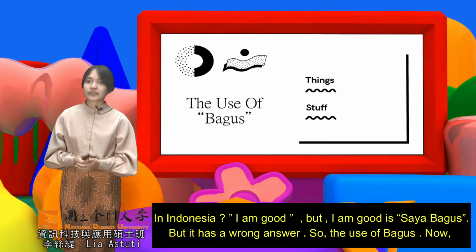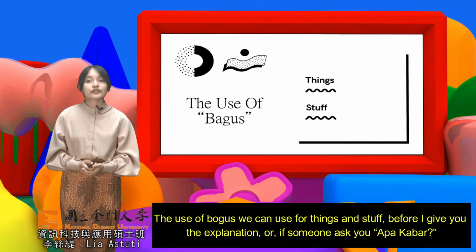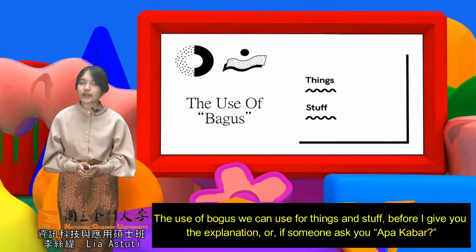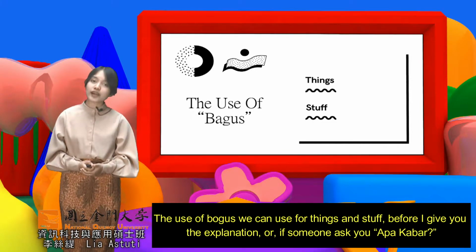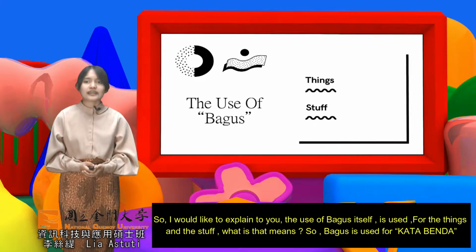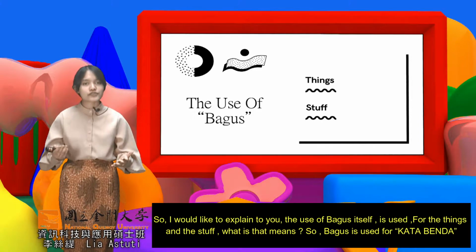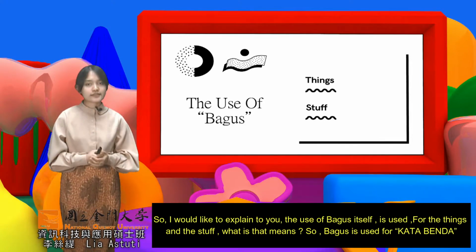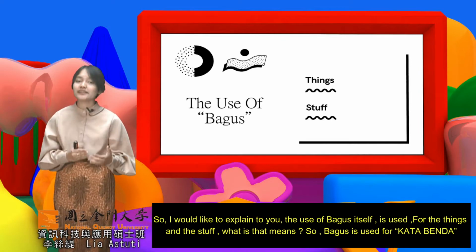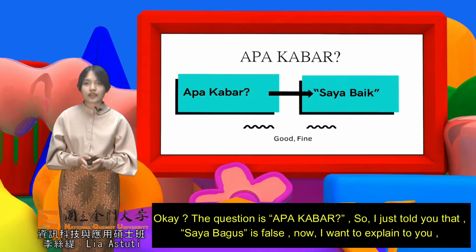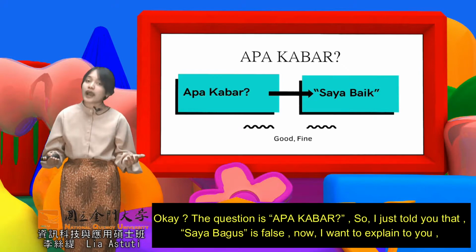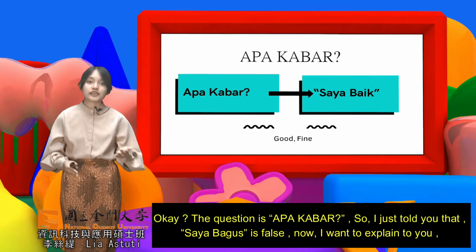So, the use of bagus: we can use it for things and stuff. Before I explain what to say if someone asks you apa kabar, I would like to explain that bagus itself is used for things and stuff. What does that mean? Bagus is used for kata benda, nouns. The question is apa kabar. I told you that saya bagus is false.